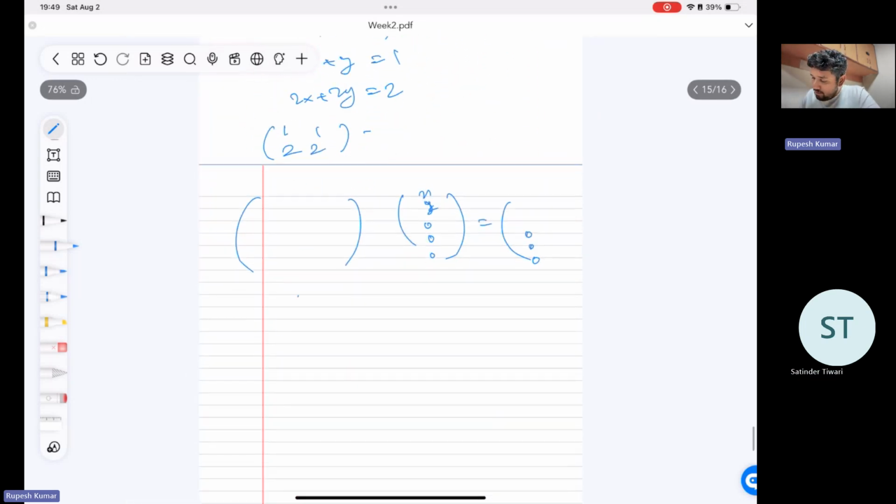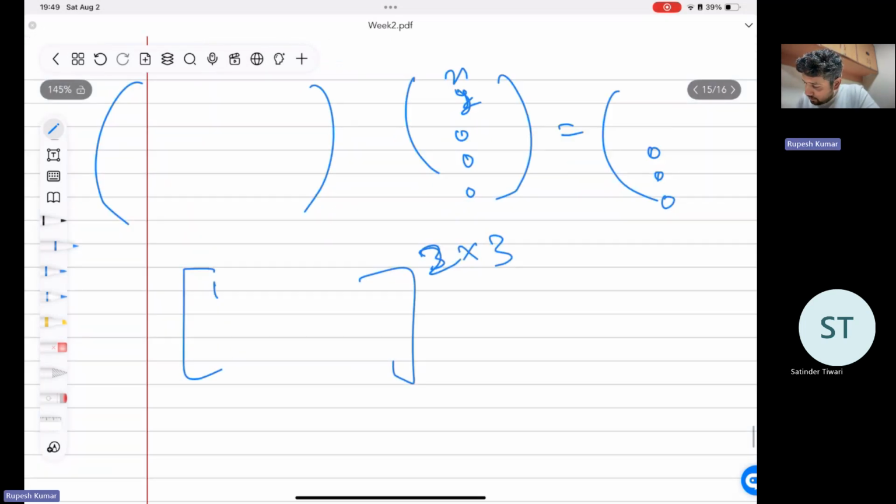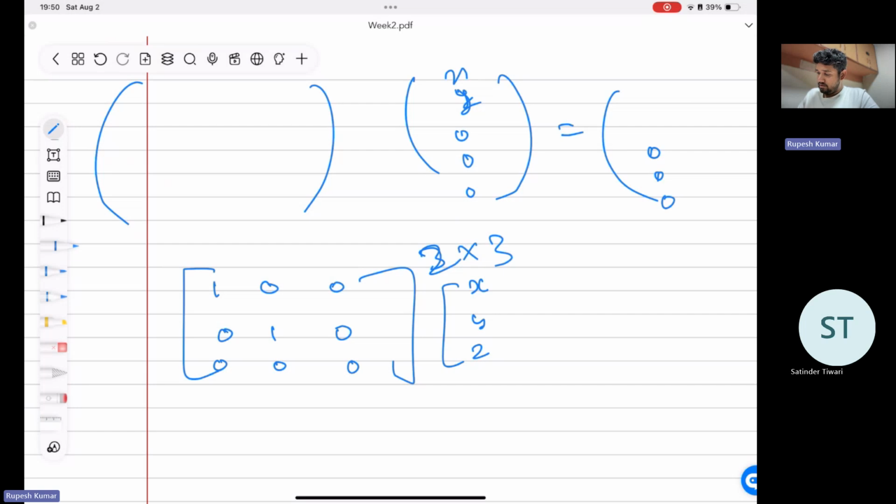Let's do some experiment. Let's say we have a 2 cross 3 matrix that looks like this: 1 0 0, 0 1 0, and 0 0 0. We can think of this example always. And x y z equals something, 1 2 3, something like this, right?